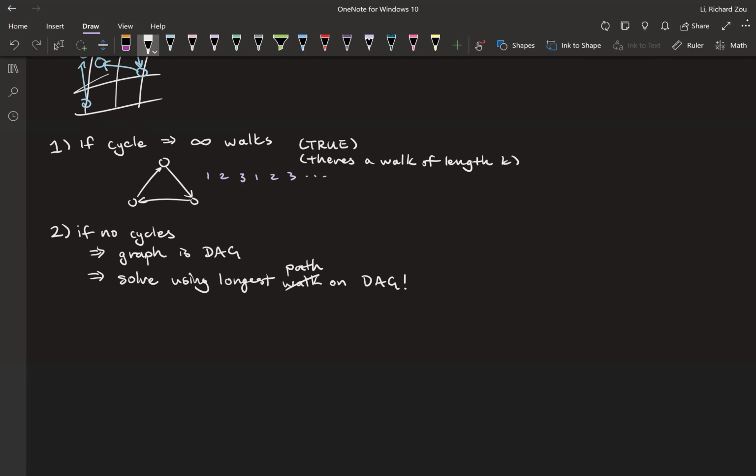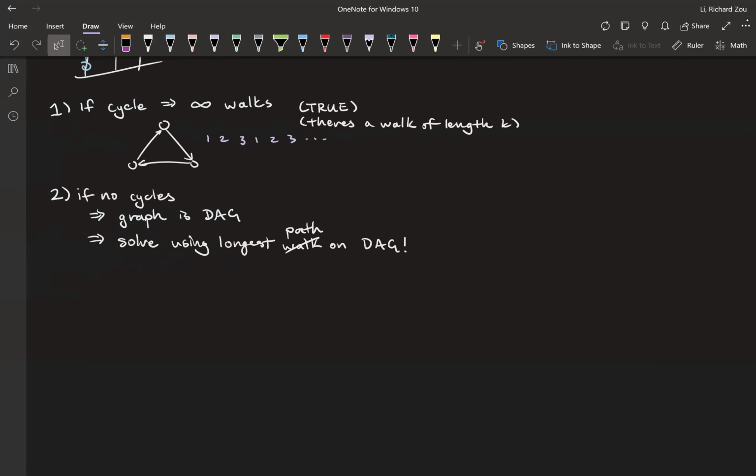So we can solve using longest path on a DAG here, and there's a DP solution that I believe all of you should have covered. But the idea is that if the longest path has length greater than k, then that path works.